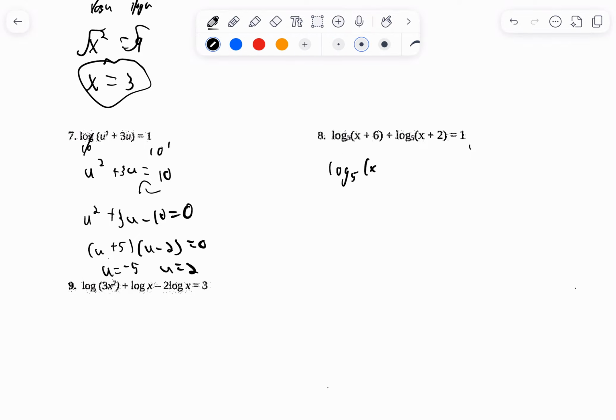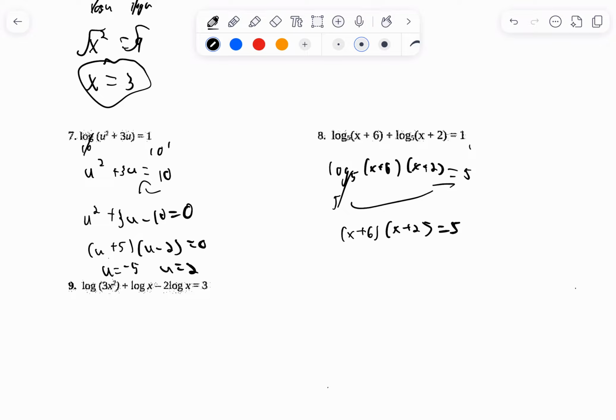Log base 5 of x plus 6. Since it's also log base 5, we can just get rid of that log base 5. And then we're going to take the 5 out of here, because we're transferring it on over there. So x plus 6 times x plus 2 equals 5.